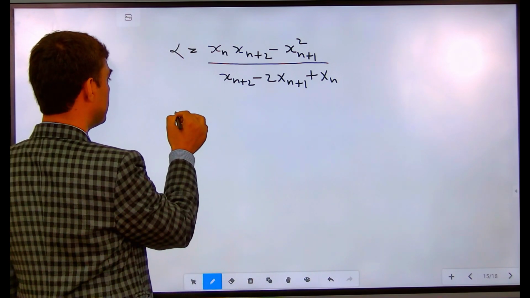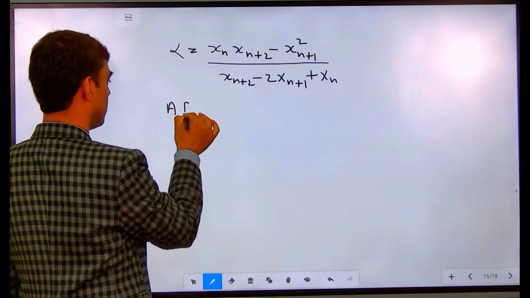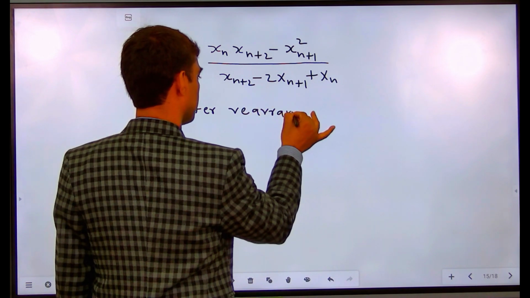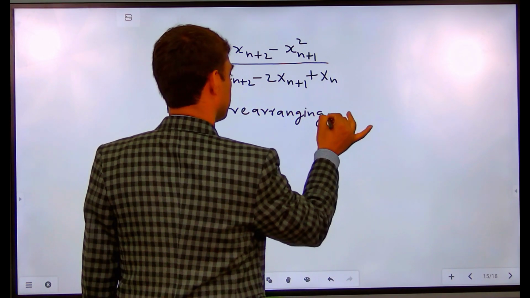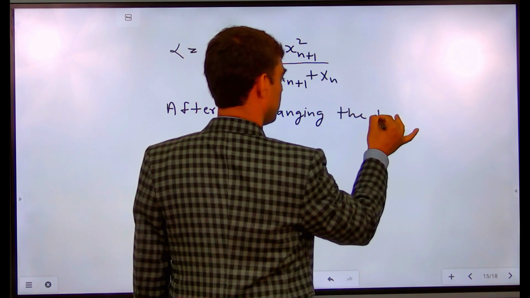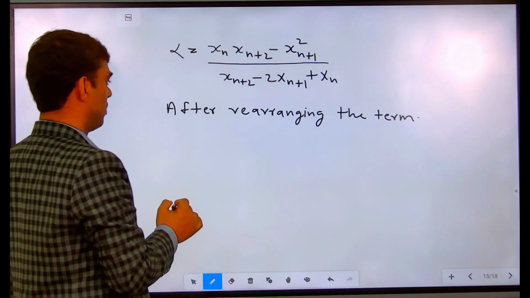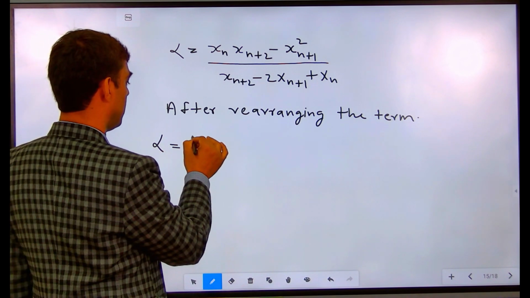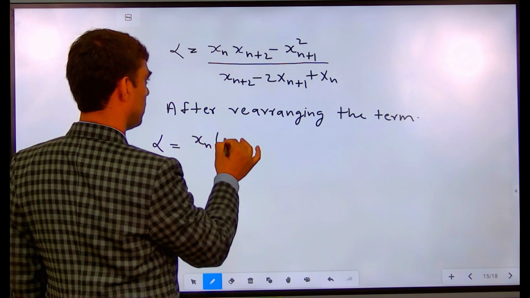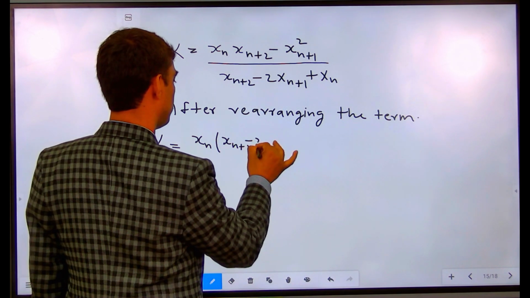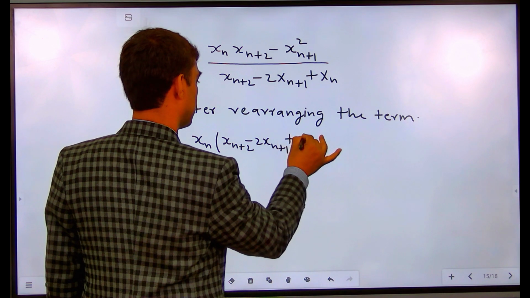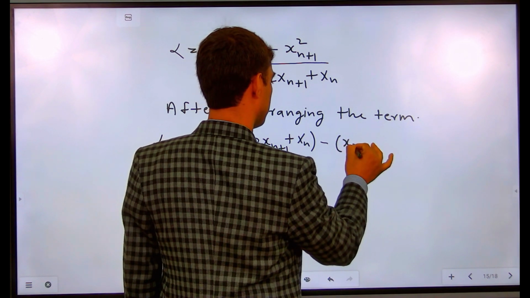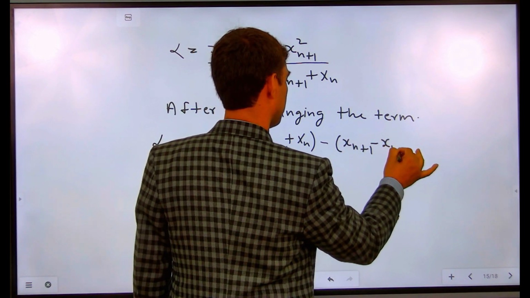After rearranging the terms, you may write alpha equals xn times (xn plus 2 minus 2 xn plus 1 plus xn) minus (xn plus 1 minus xn) whole square.